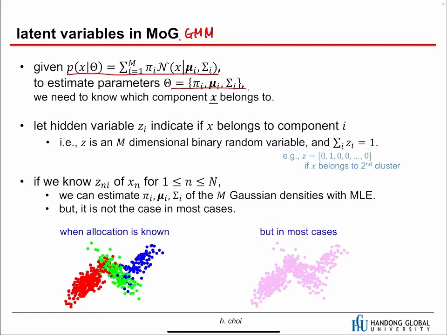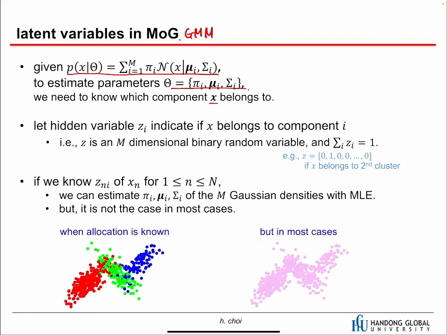Given this mix of Gaussian distribution, to estimate parameters, we have to know which component x belongs to. So think about the k-means algorithm. In k-means, we have 2 steps. First, we have the assignment step, and second, the update step. In the update step, we actually used the mean. We didn't talk much about variance, right?